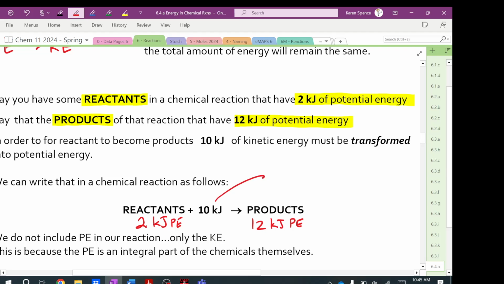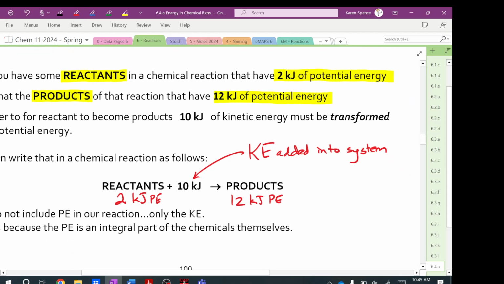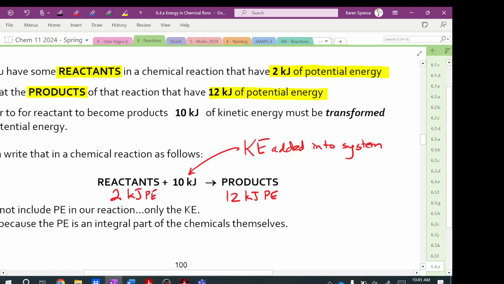Yes, we had to have 10 kilojoules of kinetic energy added into the system. And what happens to it as it goes through the reaction? Does it stay as kinetic energy?